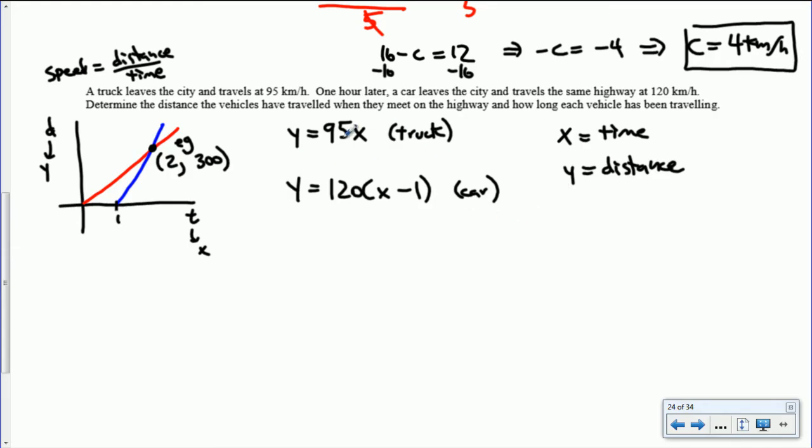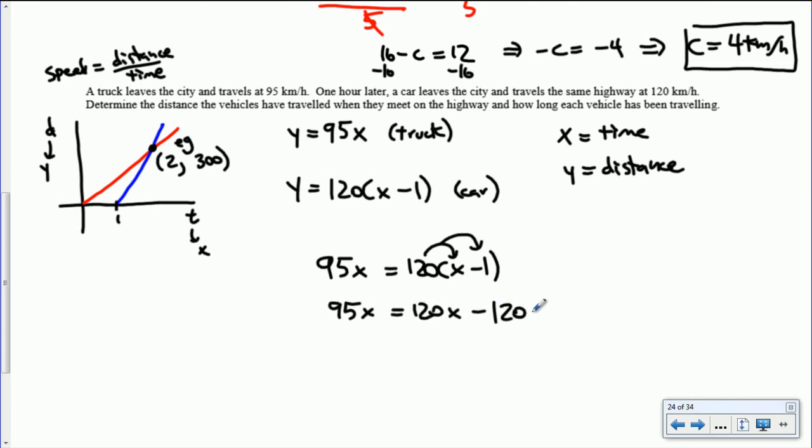We can solve this pretty simply with substitution. So I have a system of equations, this is y, this is also y. The y values correspond when this equals that, so I can go 95x equals 120 times x minus 1. Okay, so just solve for x. So 120 distributes, if you like, there. So we have 95x equals 120x minus 120.